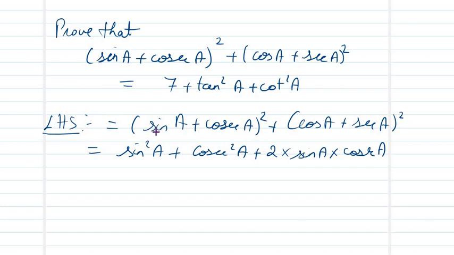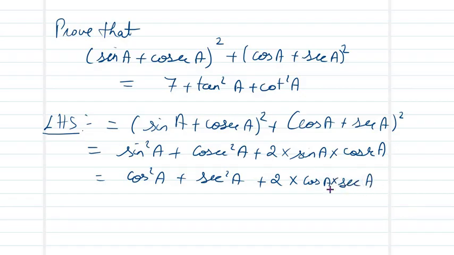This gives cos square A plus secant square A plus 2 cos A into secant A.